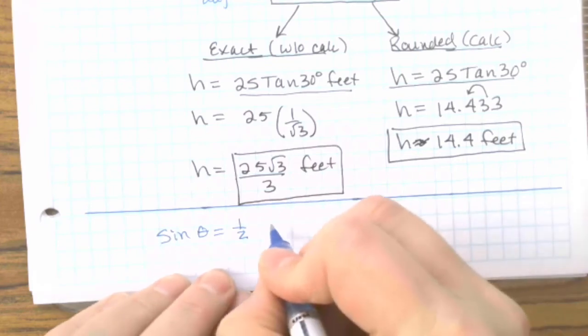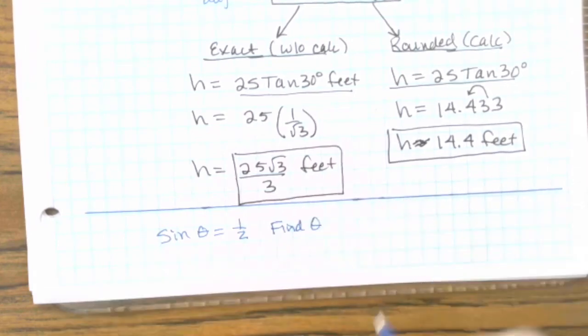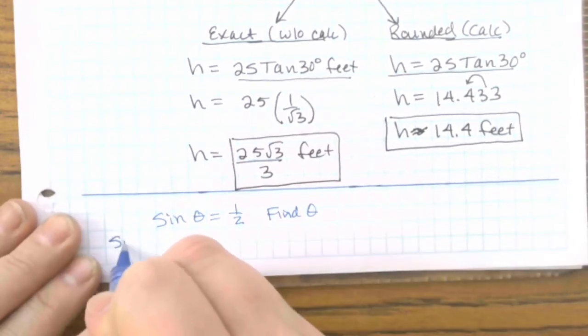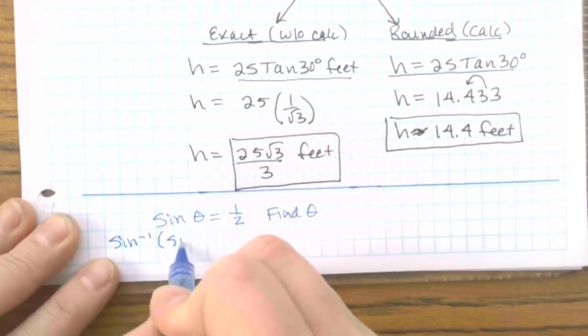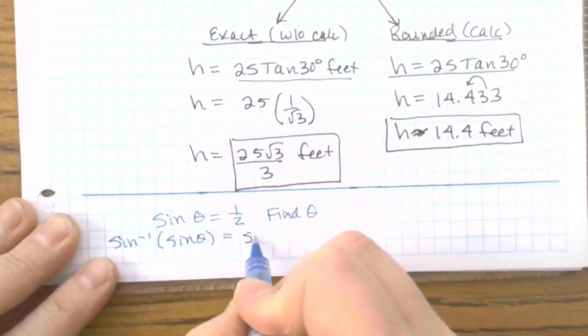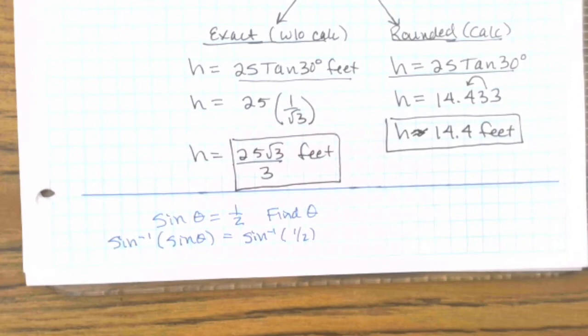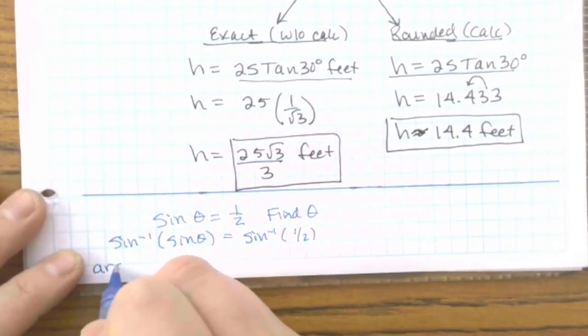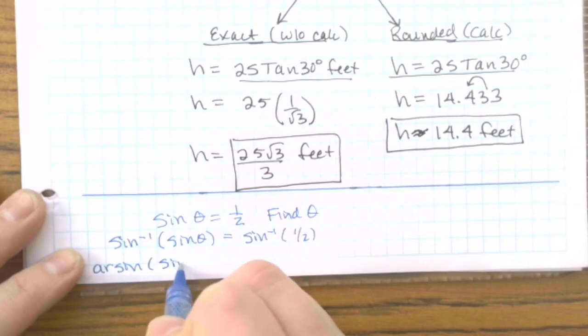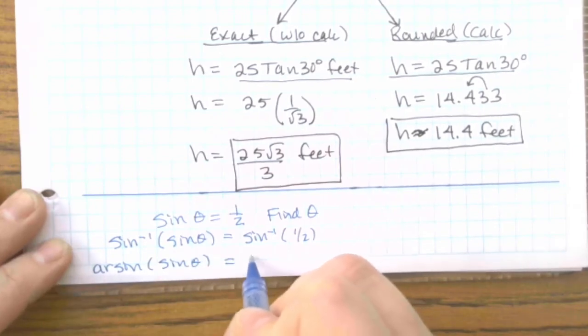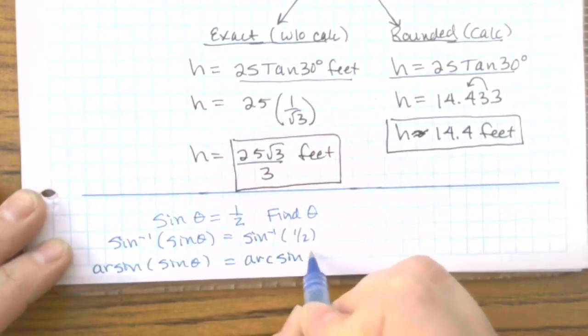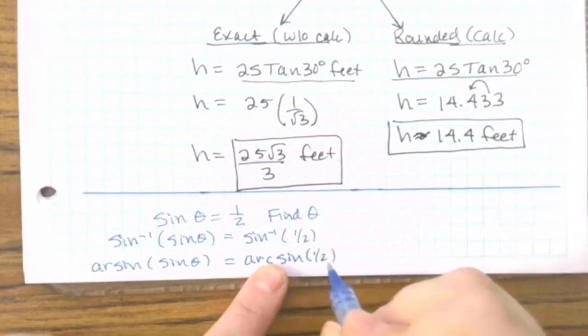But if you have to find theta, what you do is it's called an arcsine, and you can write it one of two ways. You can write it with a -1 for the entire left and a -1 for the entire right. That's one way to do it. Or you can actually write arcsine of sine theta equals arcsine of 1/2.